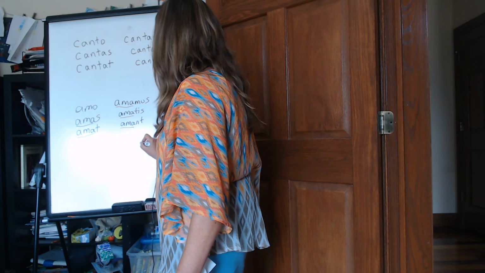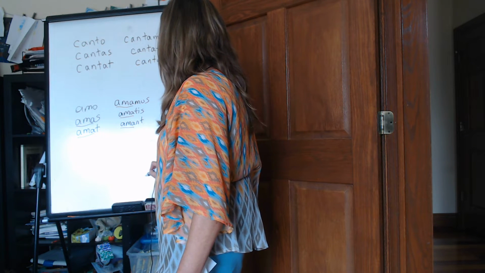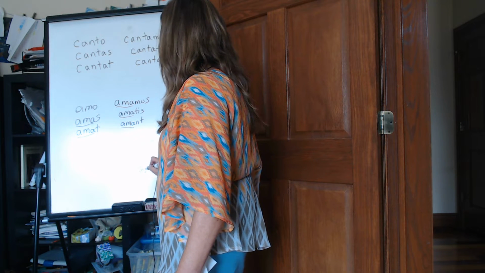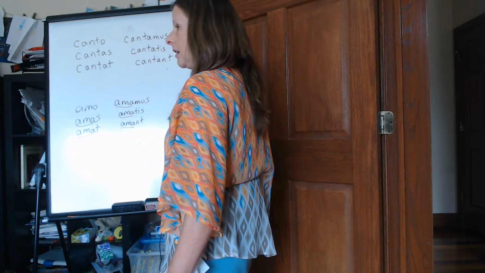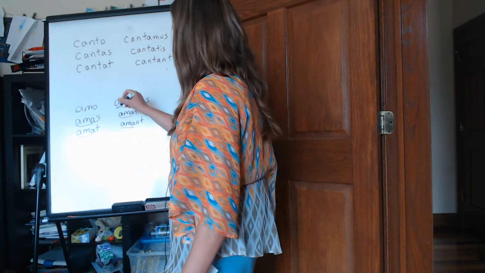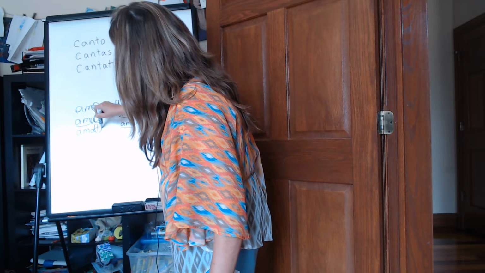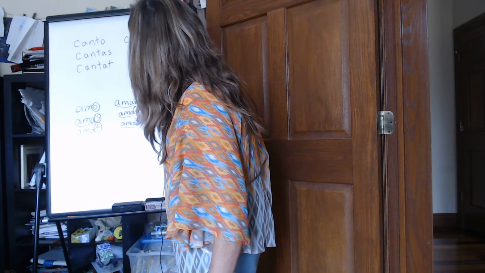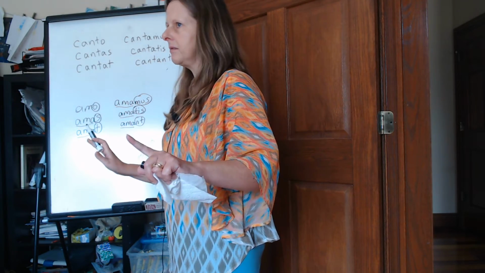That means I'm doing it, you are doing it, he, she, or it is doing it, we are doing it, y'all are doing it, or they are doing it. Do you see my endings? O, S, T, mus, tis, nt. I'm sorry if I'm belaboring this, but you got it? Okay.